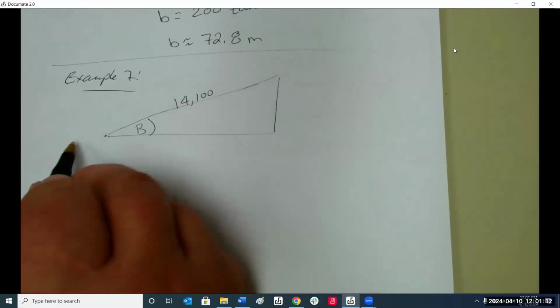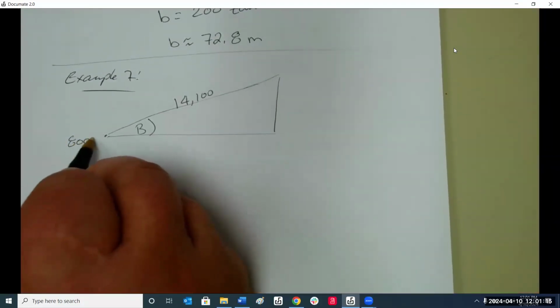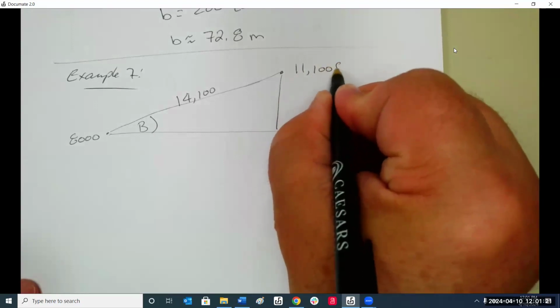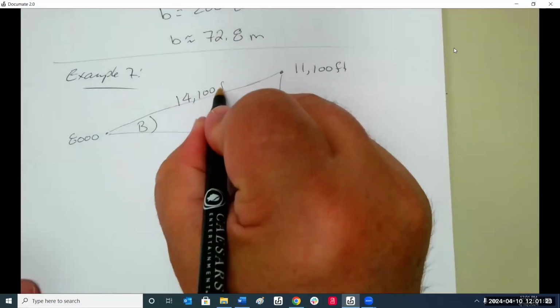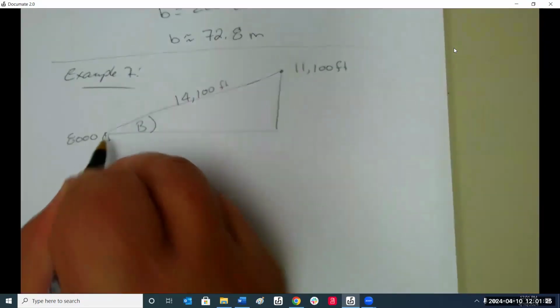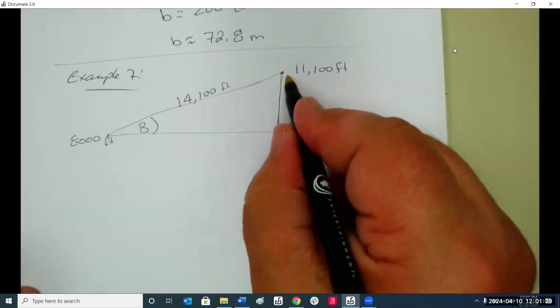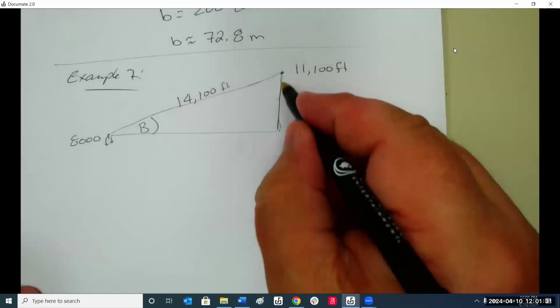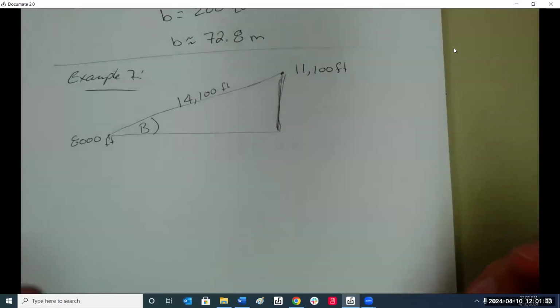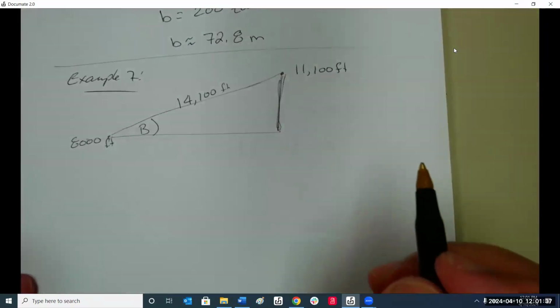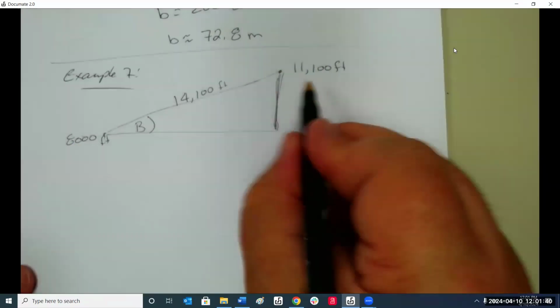The hotel is at 8,000 feet. And the lookout point is at 11,100 feet. So do we know this distance here? From 8,000 to 11,100 is what?